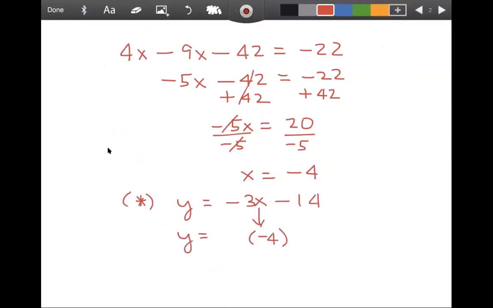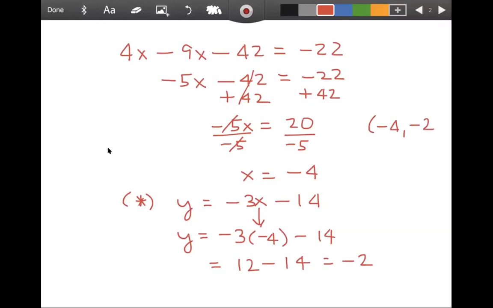So y equals -3 times -4 minus 14. -3 times -4 is +12. 12 minus 14 is -2. All right, so I believe the solution is -4, -2.